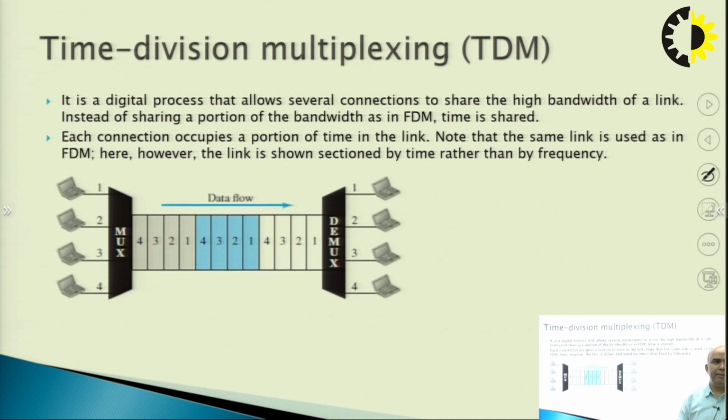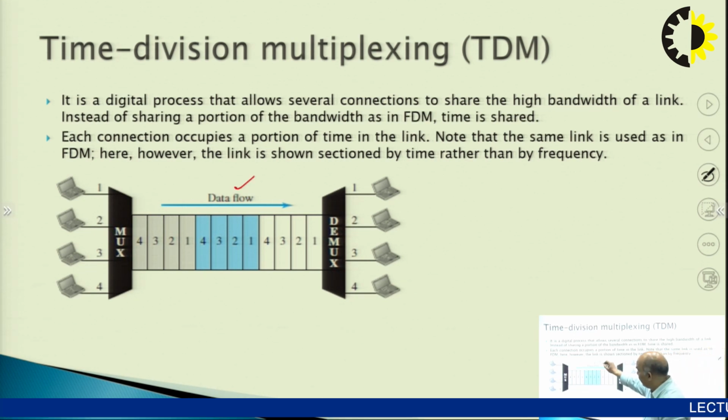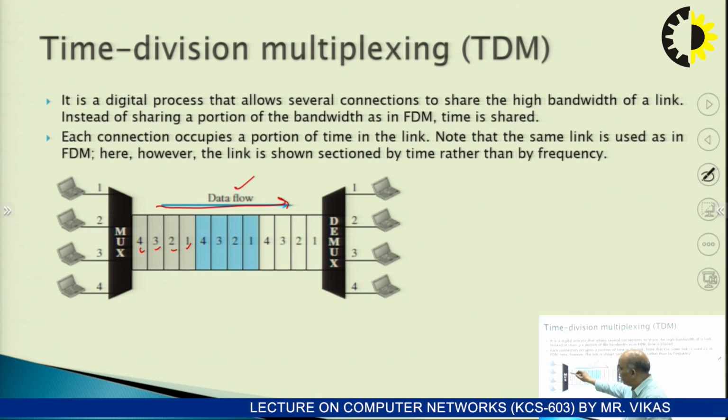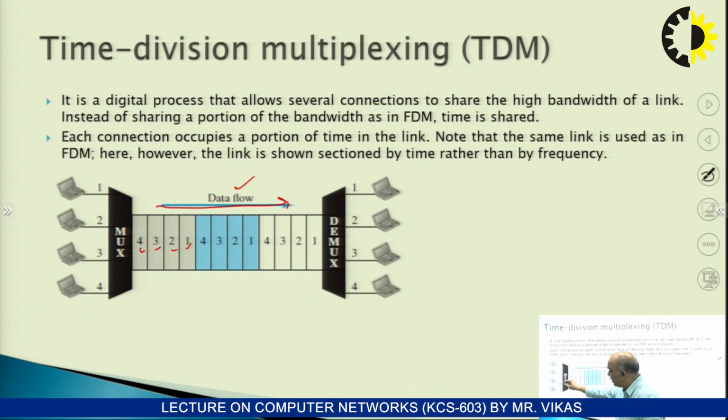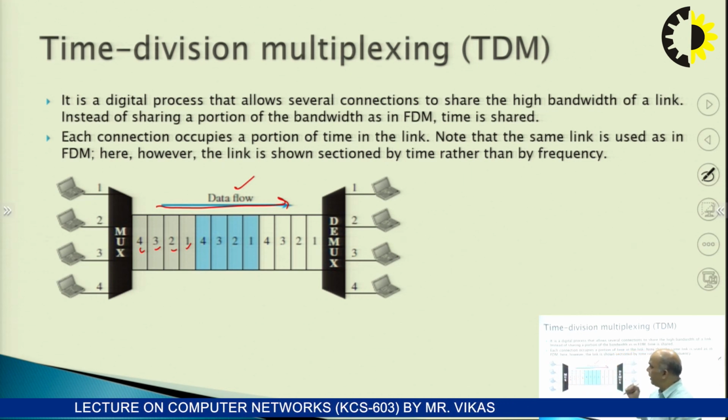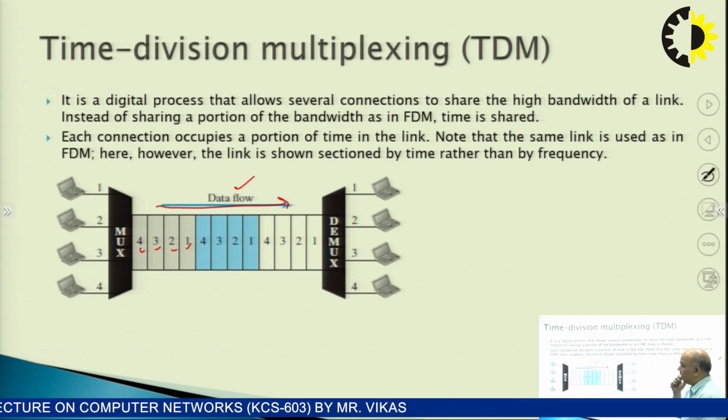This is a pictorial presentation where we have 4 devices connected to the multiplexer. This is the data flow, in which the data is transmitted using these time slots. During these time slots, it checks whether devices 1, 2, 3, 4 are sending data or not.